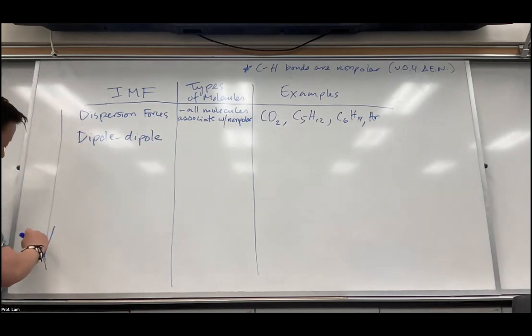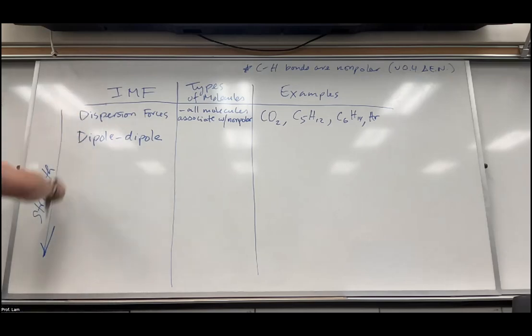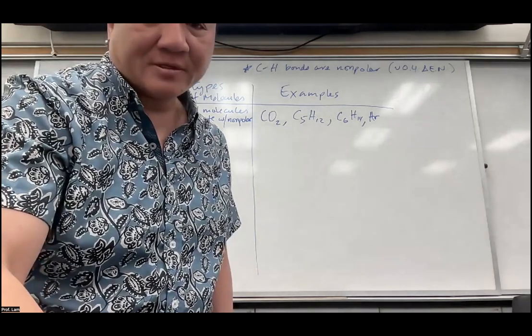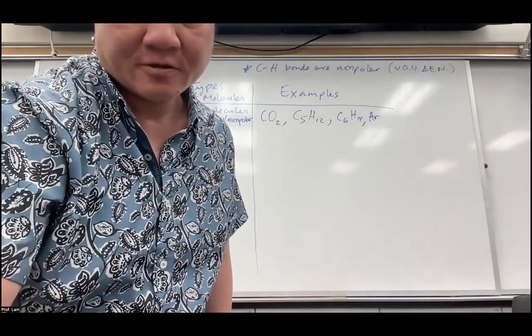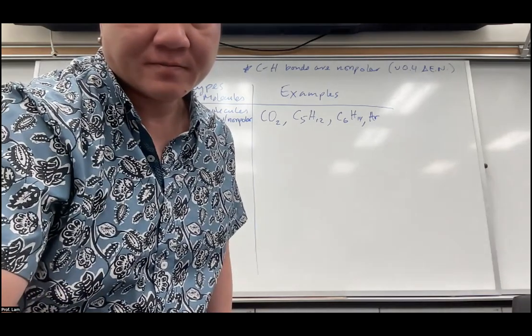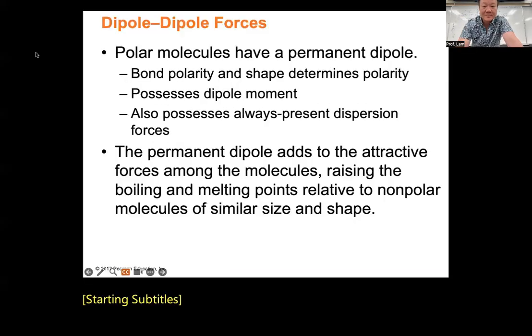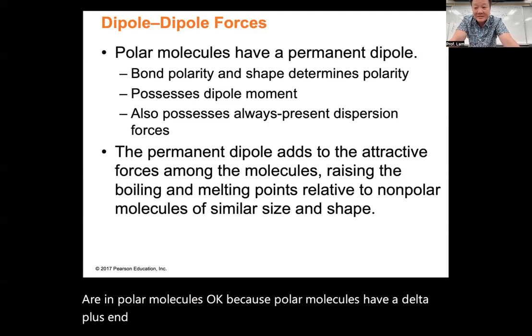Remember, we are going in order of weakest to strongest, so strongest going down. The next one is dipole. Let's go back to our slides. Dipole forces are in polar molecules, because polar molecules have a delta plus end and a delta minus end.